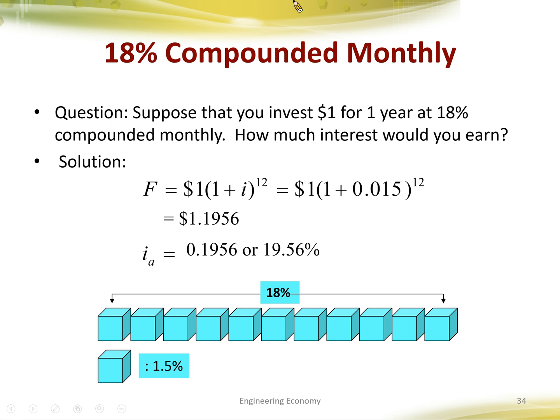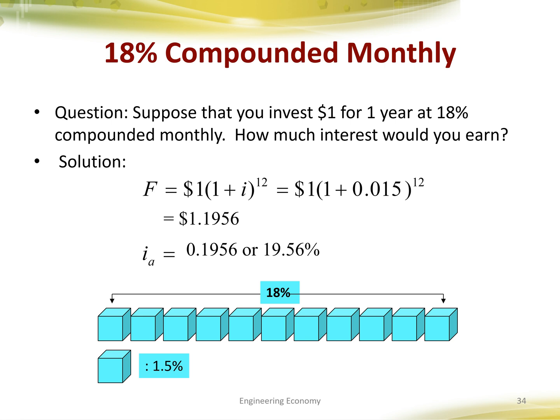It will be 18% divided by 12, because every year we have 12 months. So we got 0.015, and we will take the 12th power, and we can use this to compute the effective interest rate.